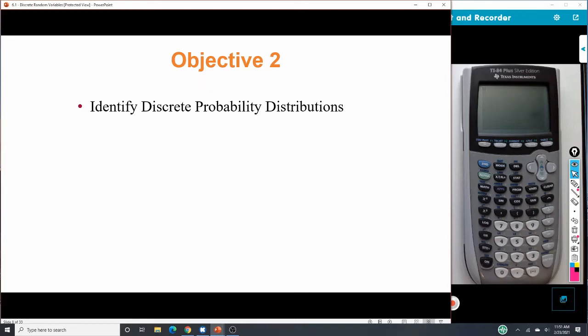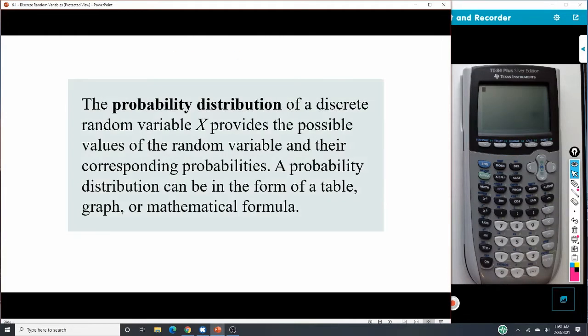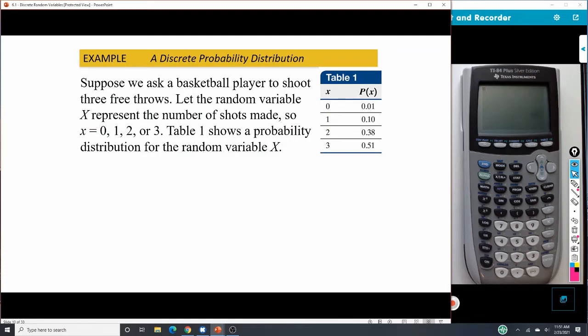All right, so next we need to be able to identify discrete probability distributions. A probability distribution of the discrete random variable provides the possible values of the variable and their probabilities. For instance here, if we're shooting baskets and we have 0, 1, 2, or 3, and that's the shots made, next to it it has the probabilities.